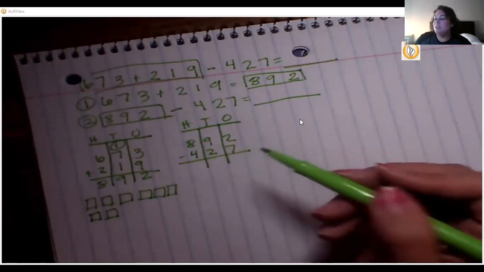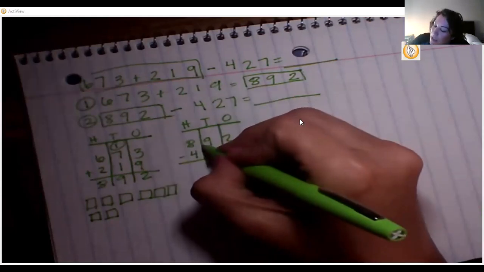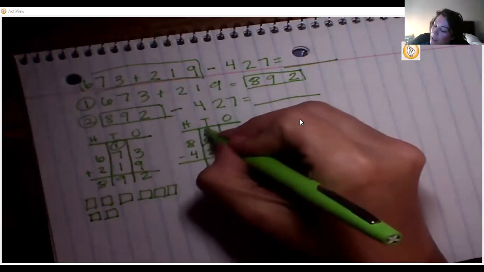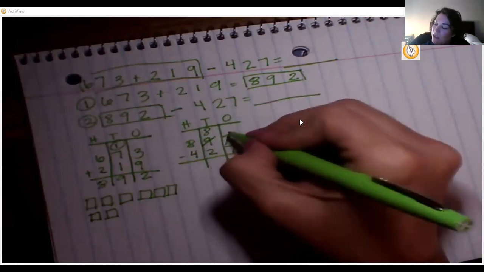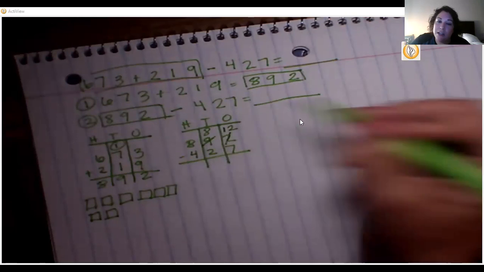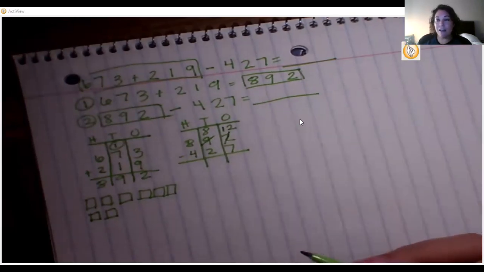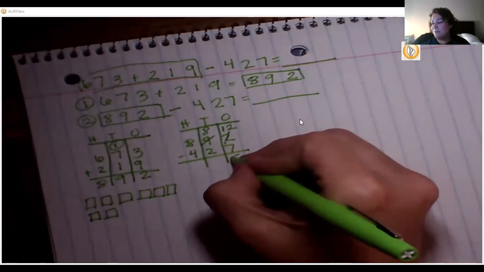Not enough. So we need to do some regrouping. Take 1, add 10. 10 plus 2 is 12. I don't really have enough room, so I'm going to write it up there. Now I can count up. Grab 7, 8, 9, 10, 11, 12. That gives me 5.